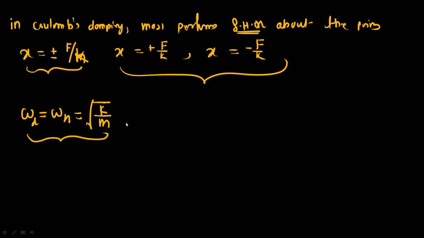And the frequency for Coulomb's damping is the same as the natural frequency, which is equal to square root of k upon m. Okay, so now we will solve some problems on Coulomb's damping.